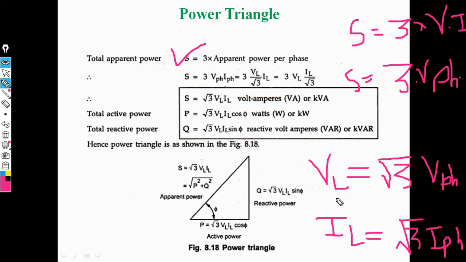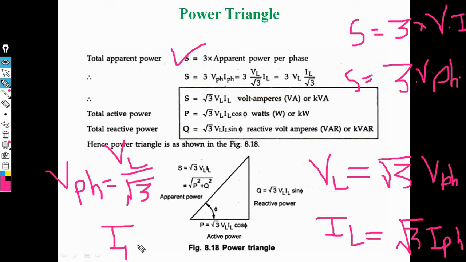Rearranging, VPH is equal to VL upon root 3. Then IPH is equal to IL upon root 3. Then both values are put here.